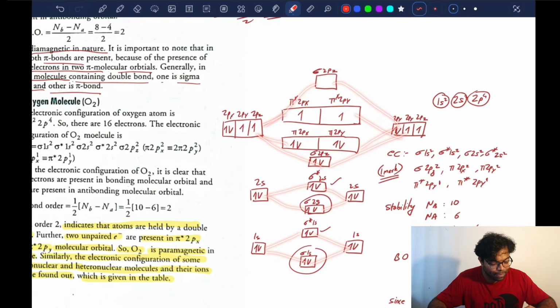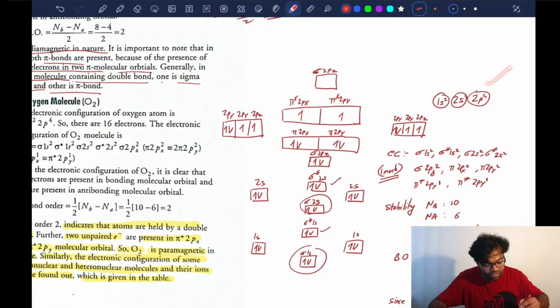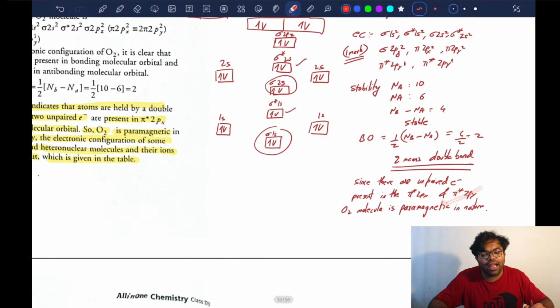You need to write the electronic configuration of the atomic orbitals first. Then you have to write the electronic configuration of the molecule. Then you have to write the stability, the bond order, the nature of the bond, and the magnetic properties. And that's the end of molecular orbitals and hydrogen bonds.